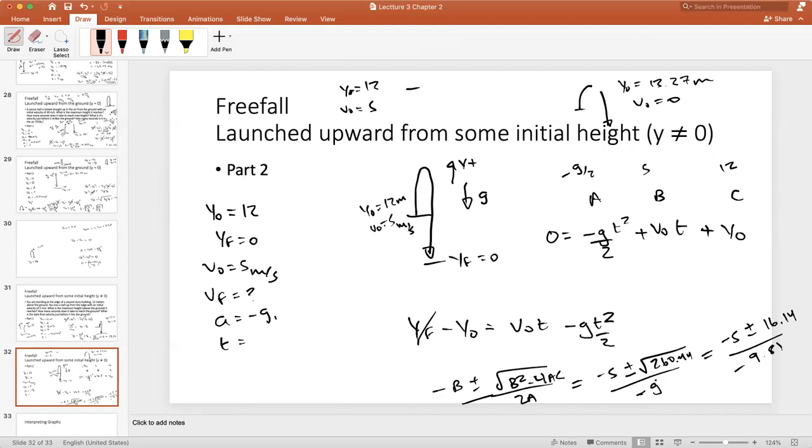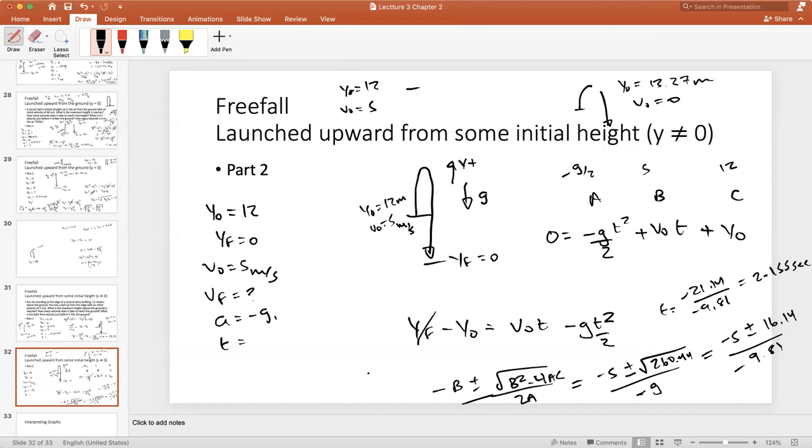Since it's negative and we're solving for time, we better get a positive time. If I did minus 5 plus 16.14 and then divided that by a negative, I would get a negative. So I need to do the subtraction. So minus 5 minus 16.14 is negative 21.14, over negative 9.81. And that gives me 21.14 divided by 9.81, 2.155 seconds.